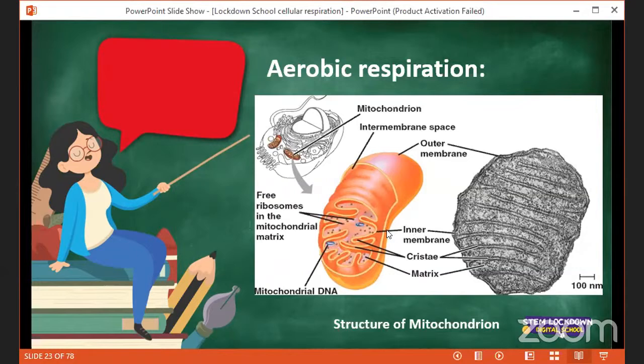Here we have the inner membrane and the cristae, and the matrix, okay? And here we have our outer membrane and the inner membrane space, okay?